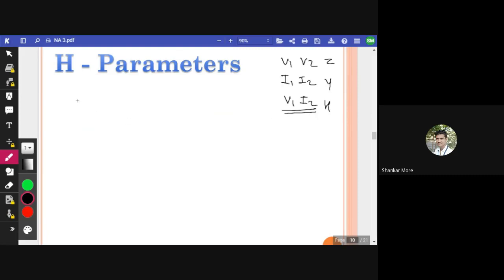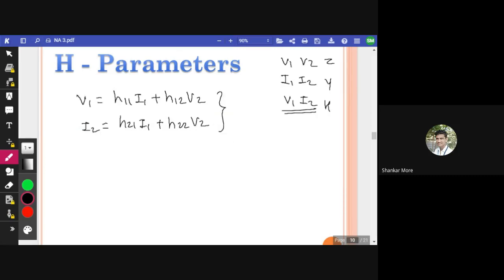Now v1 is equal to h11 i1 plus h12 v2 and i2 will be equal to h21 i1 plus h22 v2. So these are the formulas for h parameters.